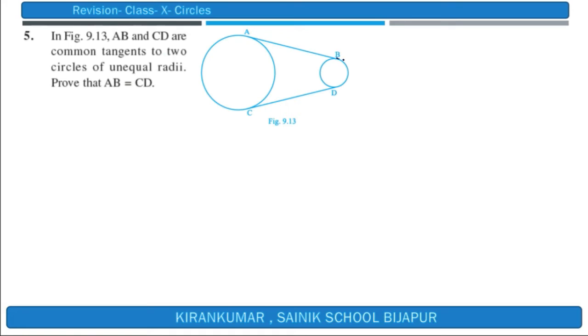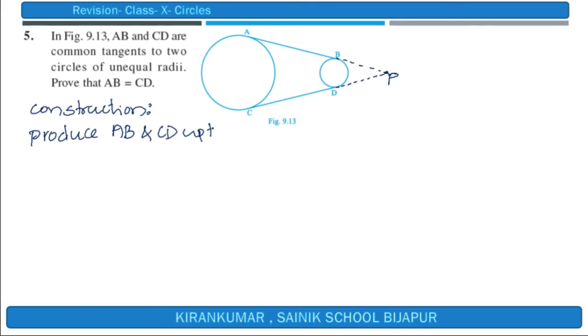Let me produce AB and CD and let them meet each other at a point P. So that's the construction: produce AB and CD up to point P where both tangents meet.